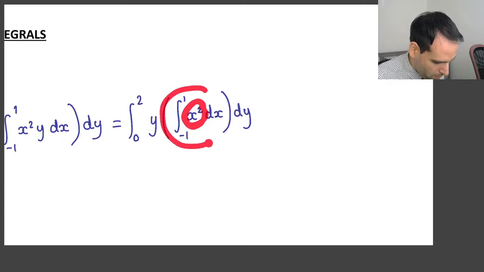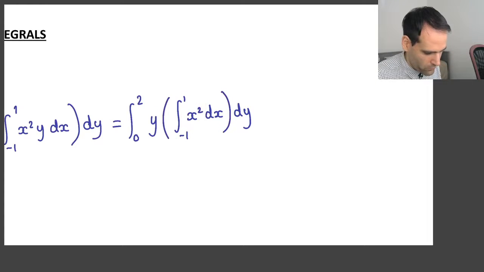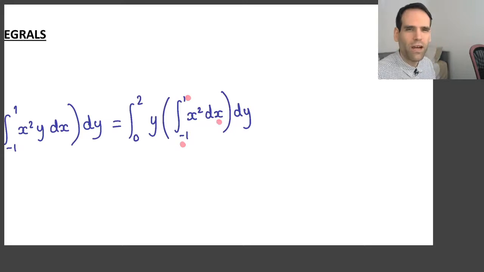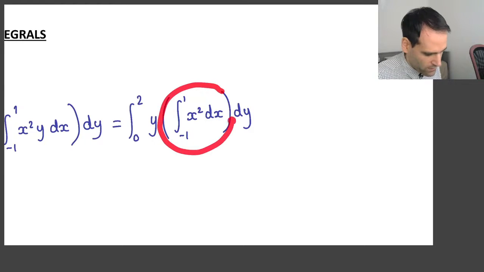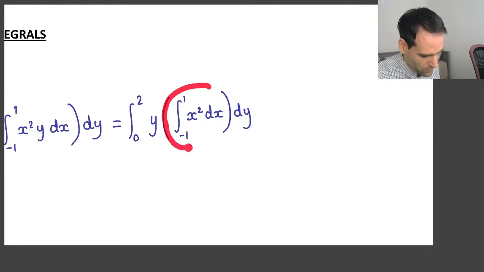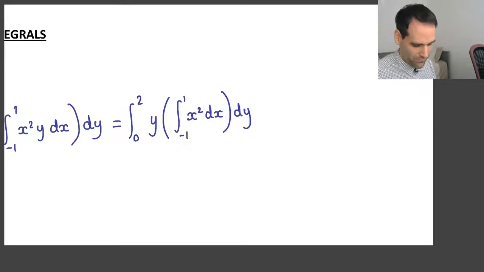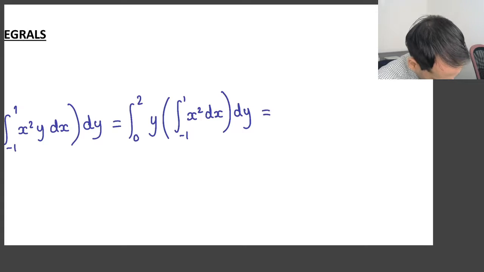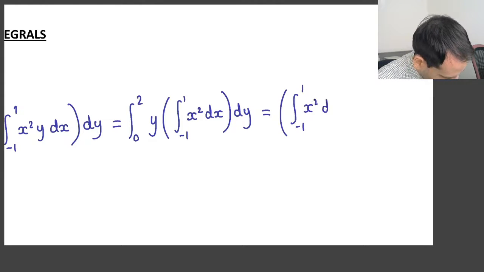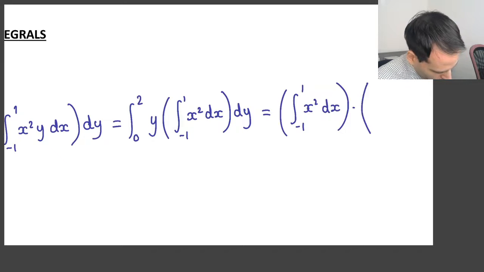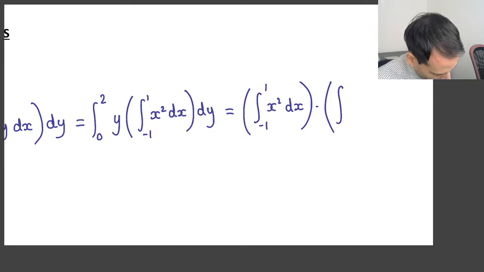So this will be just a number, because x will be removed when we substitute x equals minus 1 and x equals 1. So this will be just a constant, which means that we can move this constant outside of the outer integral. And therefore, I can write it as the integral of x squared dx times the integral of y dy.